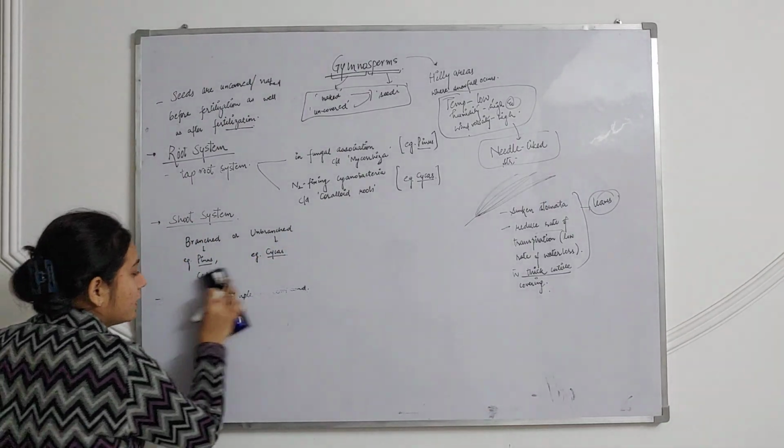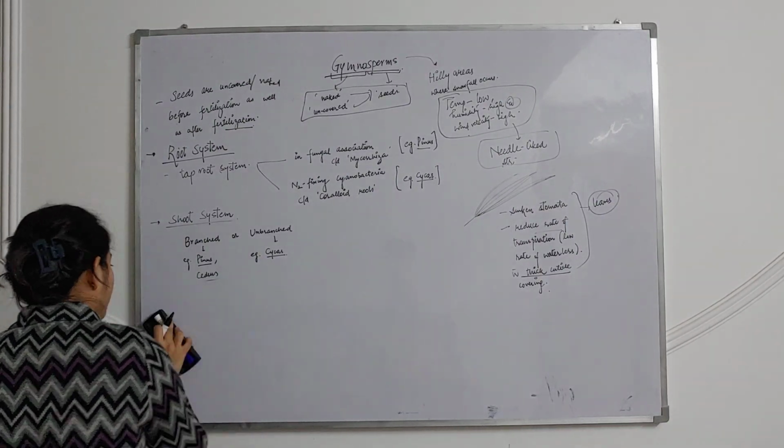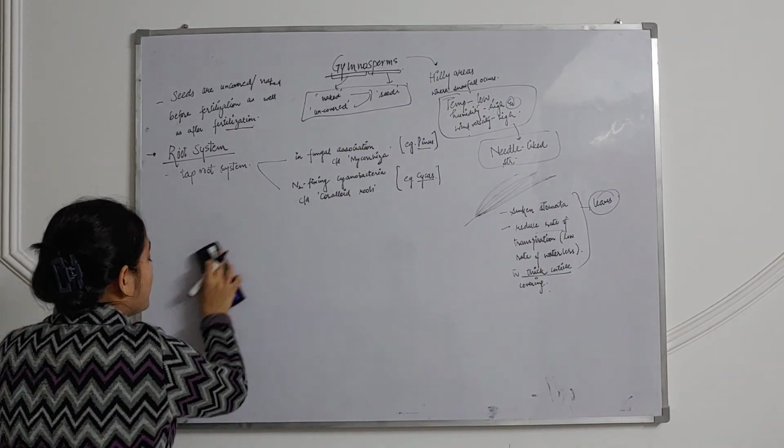With the thick cuticle covering, leaves help in reducing the rate of transpiration.